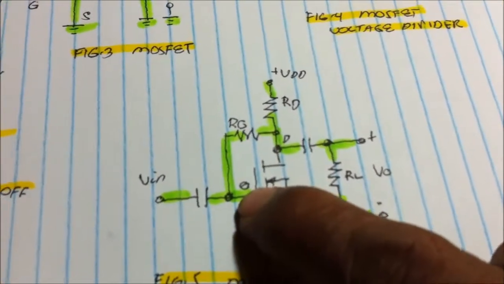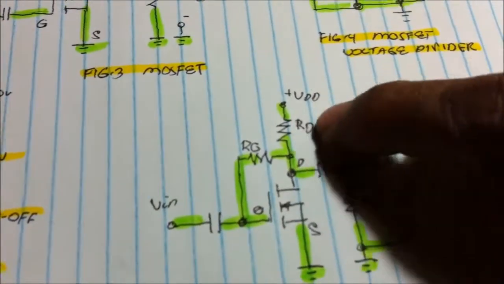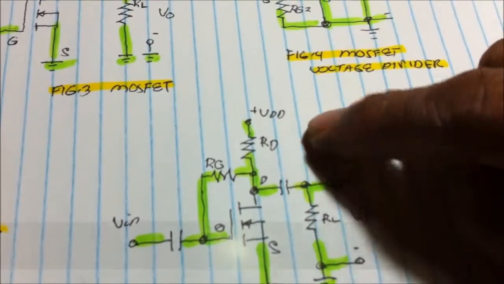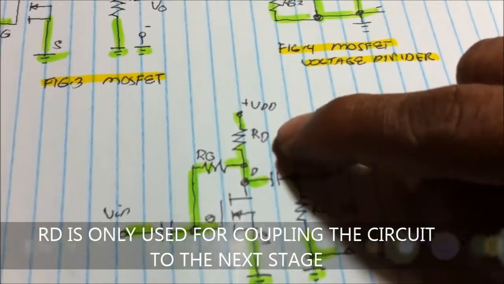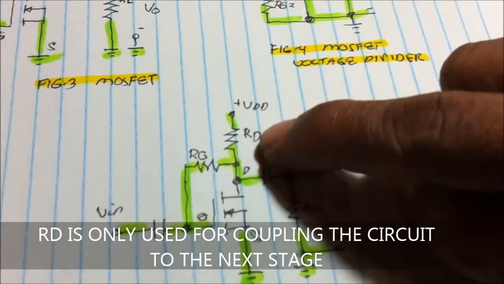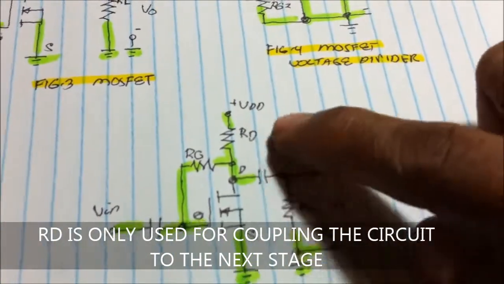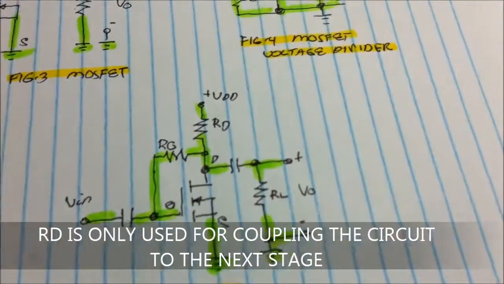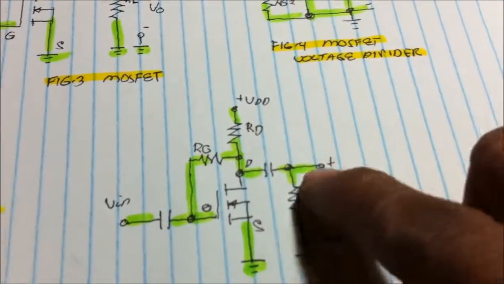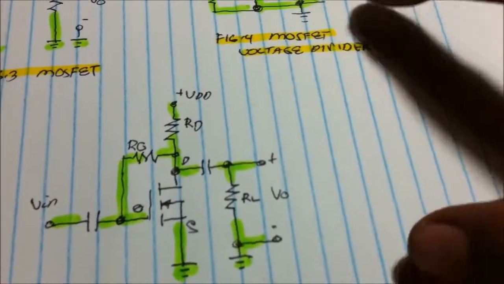This is RG, now connected to the gate with a capacitor. I don't have this resistor because I'm not using this as a first stage. I'm not using this resistor because I'm not putting this circuit into the next stage. So I'm just using the RG. This resistor is used if you're going to put the circuit into the next stage or the second stage.